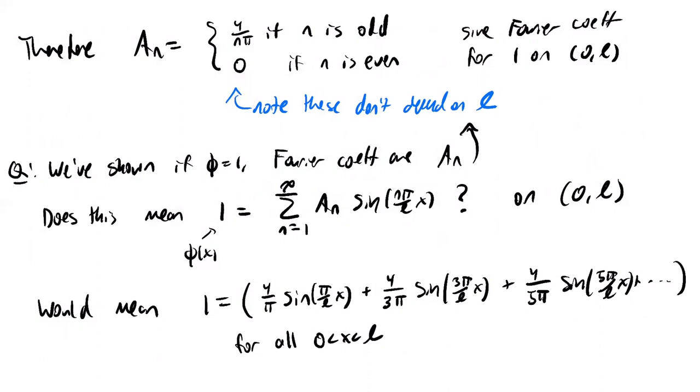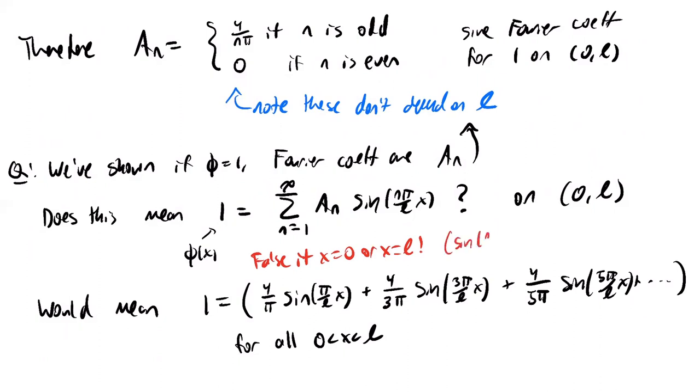Well, the thing to point out is that this is false if x is equal to 0 or x equals L, right? Because if, for example, I plug in x equals 0, I just get 0 for every term. And if I plug in x equals L, I also get 0 for every term, right?